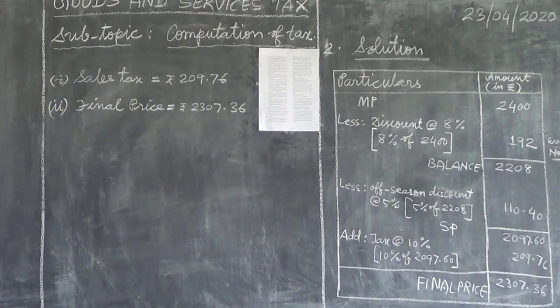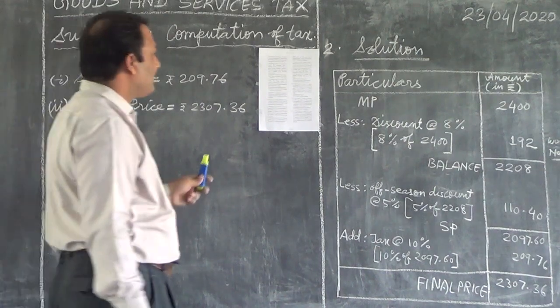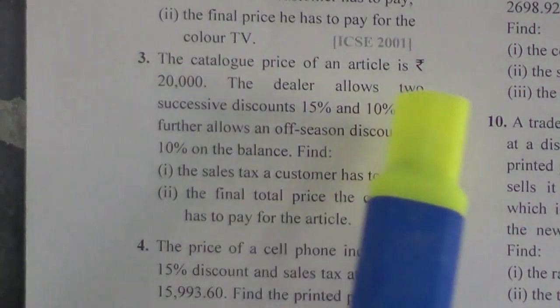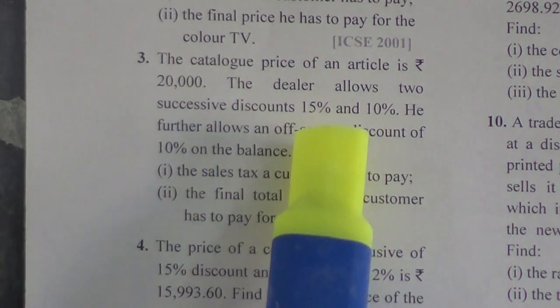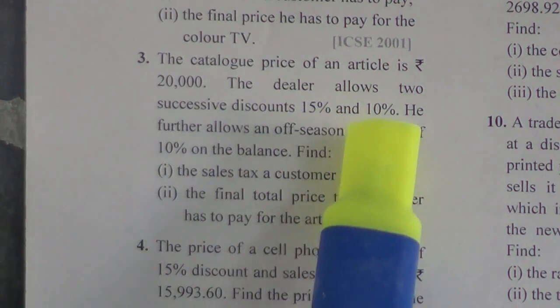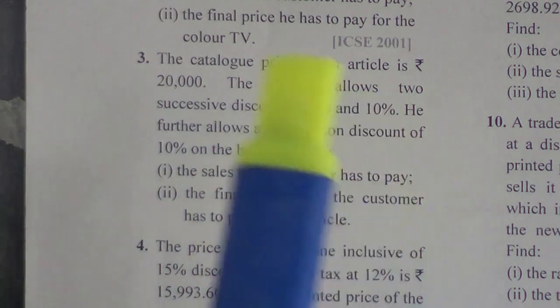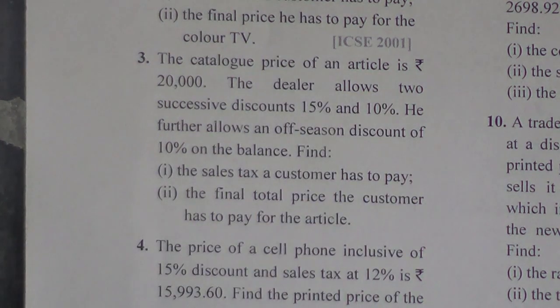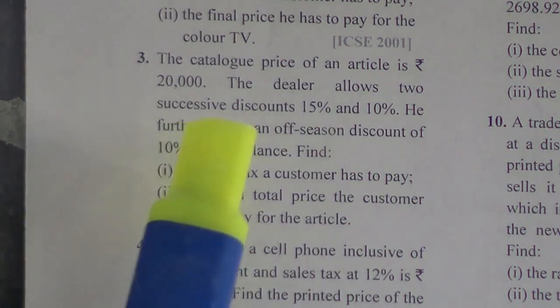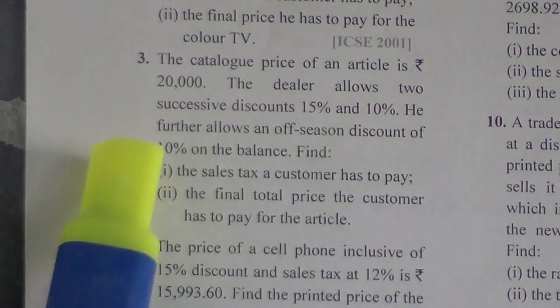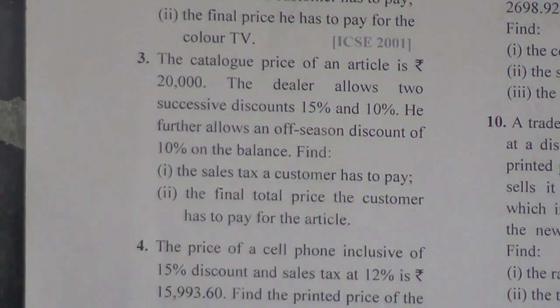Now we will move to question number 3. The catalog price of an article is 20,000 and the dealer allows two successive discounts, 15% and 10%. He further allows an off-season discount of 10% on the balance.